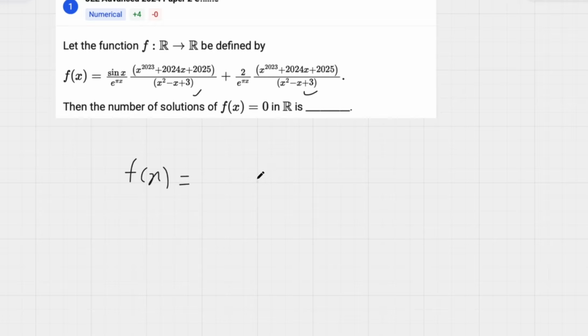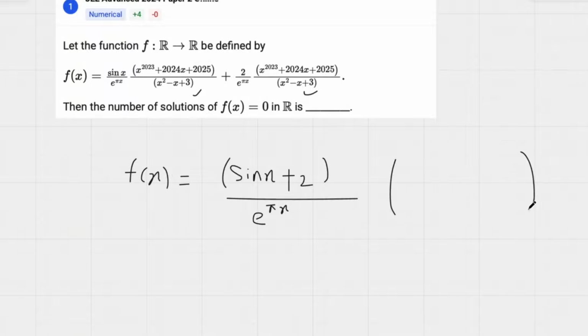So what we get is sin x plus 2, and in the denominator we have e to the power pi x, and then we have this whole function. Let's call it phi x. So this is our phi x function.